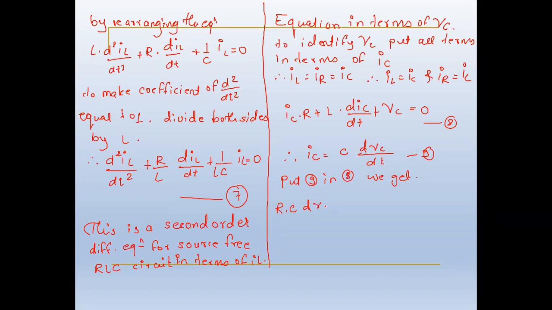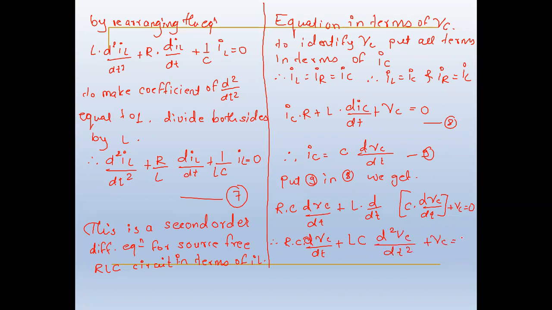RC dVC by dt plus L into d by dt of C into dVC by dt plus VC is equal to 0. Therefore, RC into dVC by dt plus LC d square VC by dt square plus VC is equal to 0.